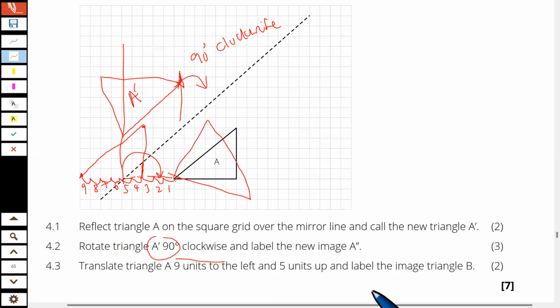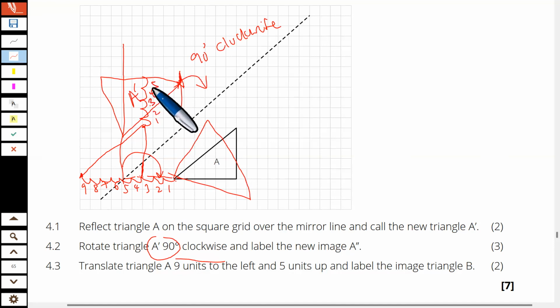Right, so you need to move it 5 units up. Right, let's count 5 units up. So that's 1, 2, 3, 4, 5.